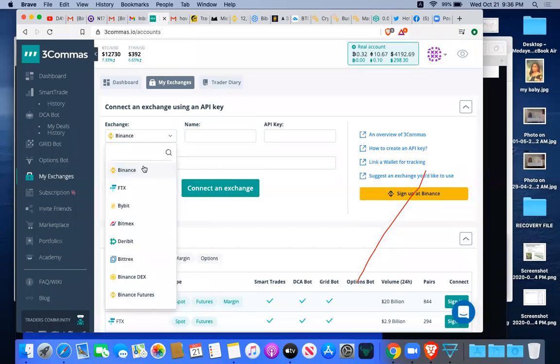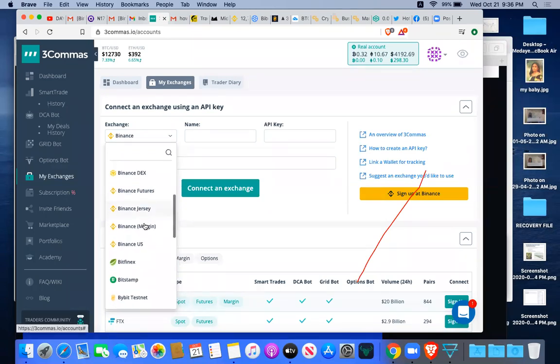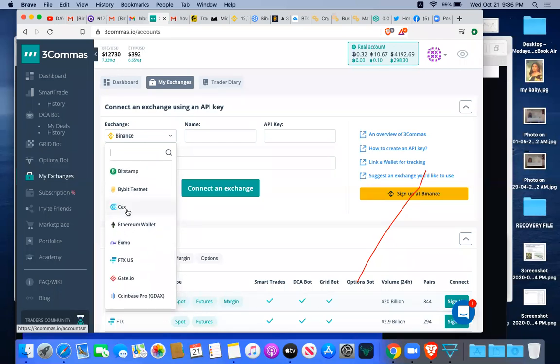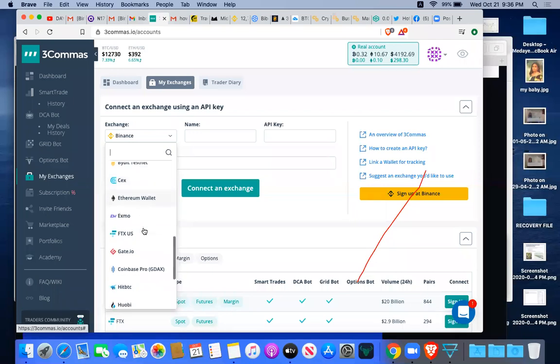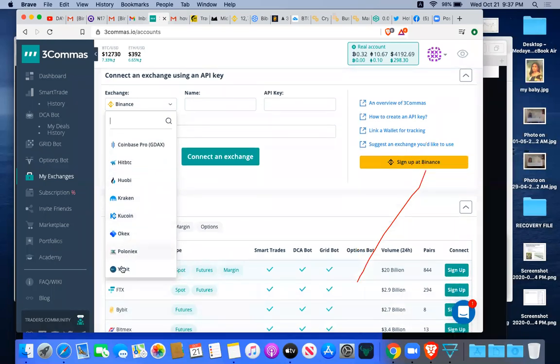So if you look at it: Binance, FTX, Bybit, BitMEX, Deribit for options and futures trading, Bittrex, Binance DEX, Binance Futures, Binance US, Bitfinex, Bitstamp, Bybit Testnet, Terra Wallet, Coinbase Pro, HitBTC, Huobi, Kraken, KuCoin, OKEx, Poloniex, and Yobit.